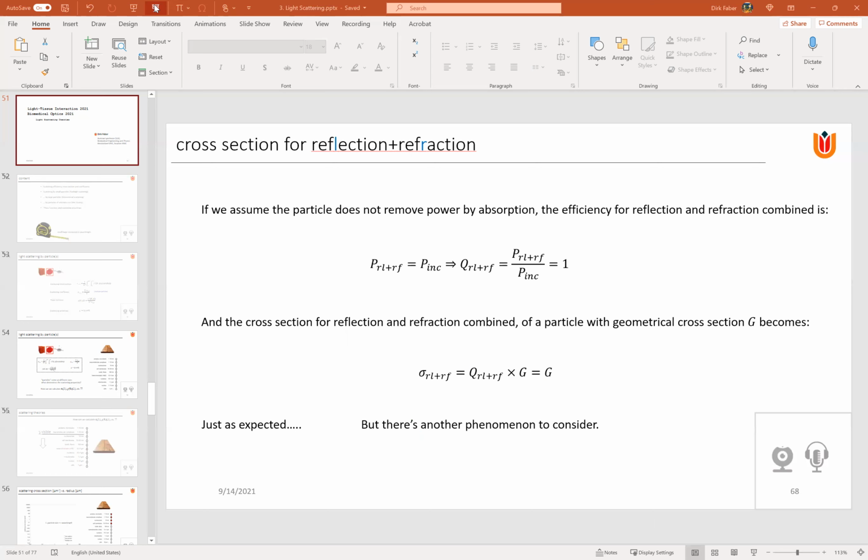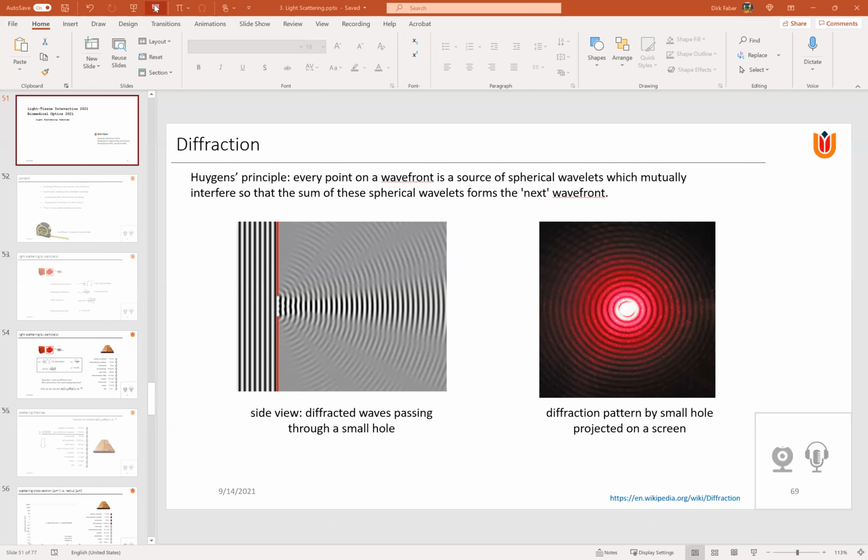There's one other phenomenon to consider. You all had it in high school. There's also diffraction. That goes all the way back to Huygens' principle. If you take a plane wave illuminating a small hole, you will see a redirection of the waves, and that happens for light as well.